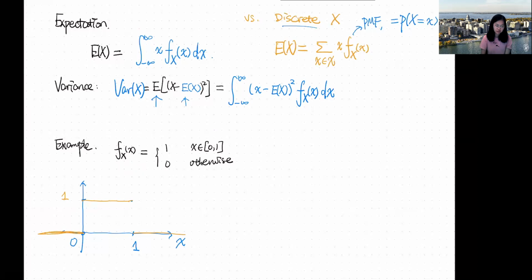And according to the interpretation of probability density function, this means that the probability that the hand of the spinner lands in any small interval is the same.